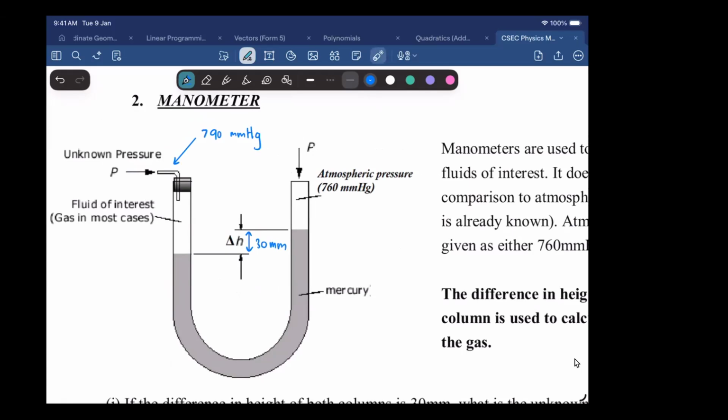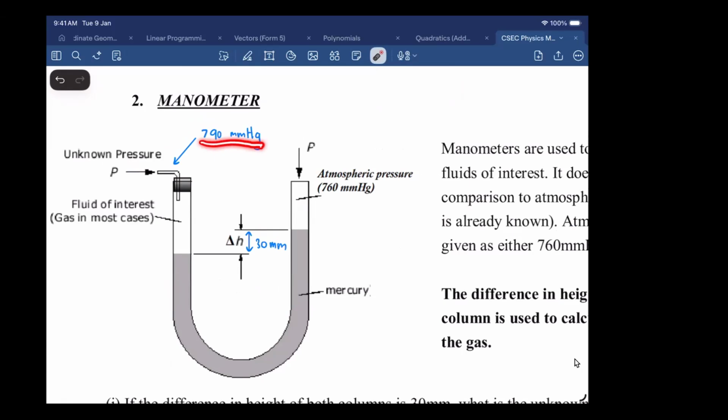Watch this, right, Sheena? If this has a pressure of 790 mmHg, and this has a pressure of 760 mmHg, what's the difference? 30. And the reason for that is because this pressure would cause this fluid to move up by 790 millimeters, whereas this one will push it up to 760 millimeters.